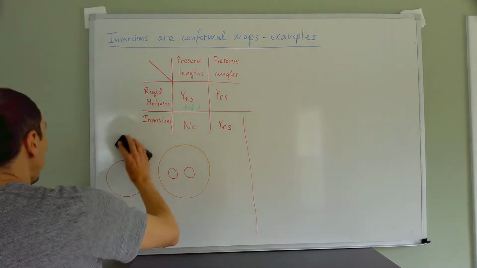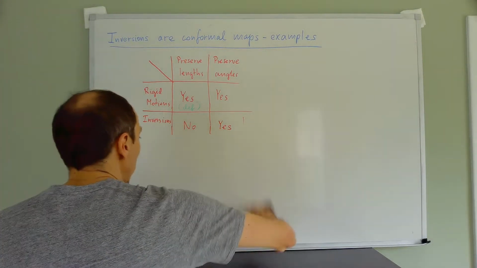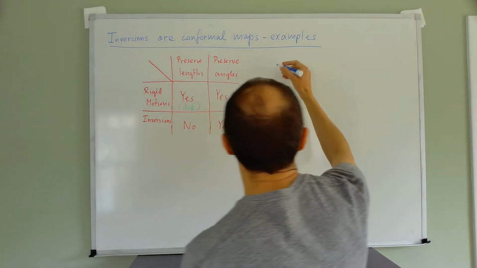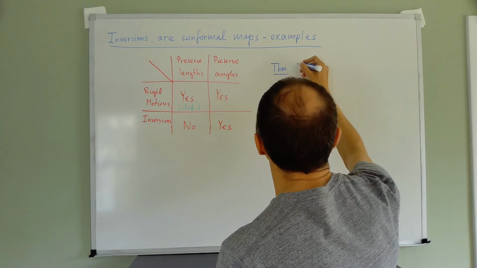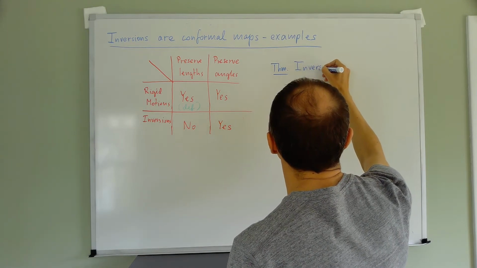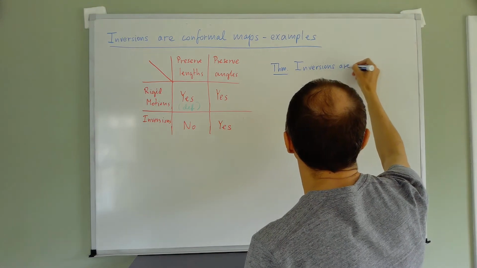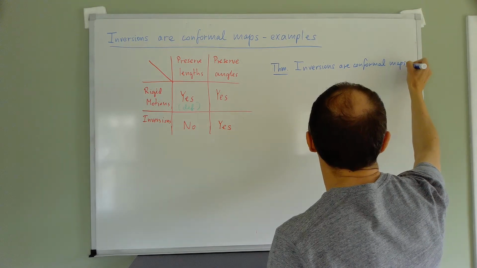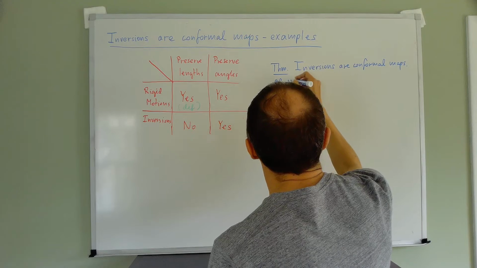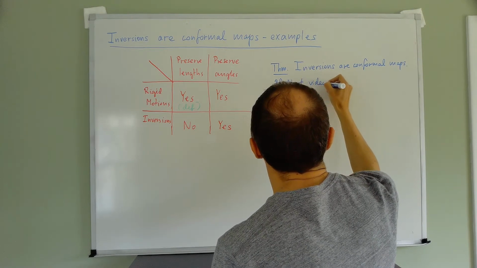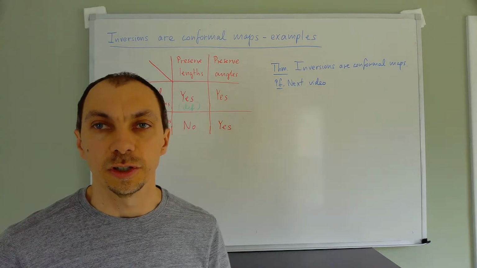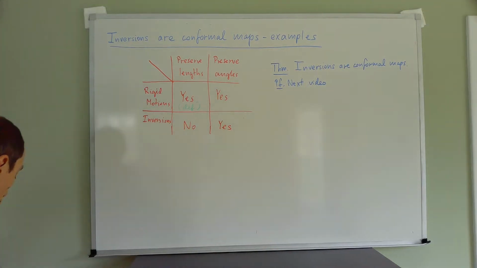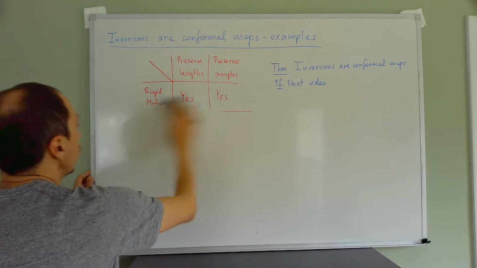So let's state it as a theorem here: inversions are conformal maps, and the proof will be included in the next video. So let's actually see on the pictures how this works.